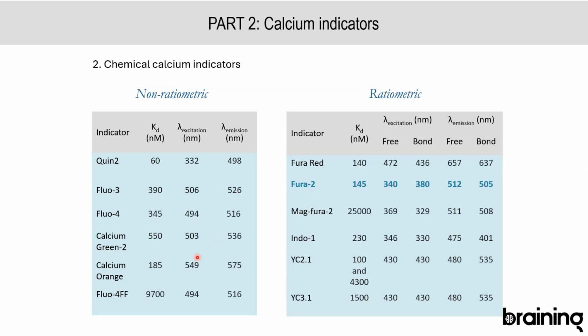So we need to have a compromise of a dye that does not have a very high affinity, because if it has a very high affinity, it will be difficult to make sure that the calcium concentration that we are measuring really corresponds to reality, and is not masked due to the fact that all the calcium is bound to the dye.